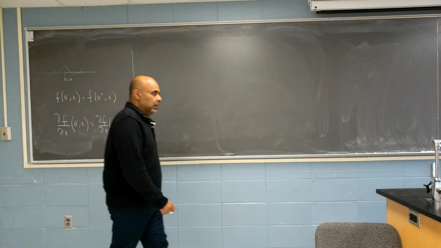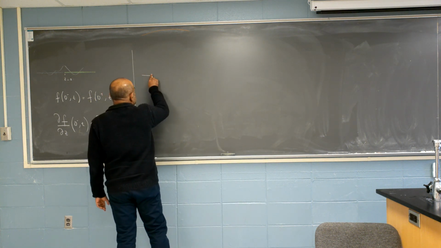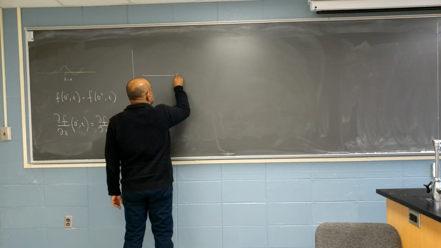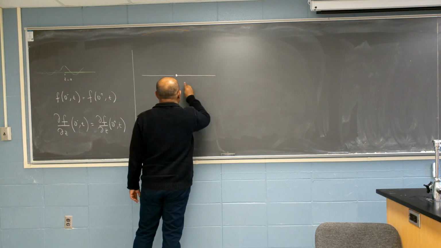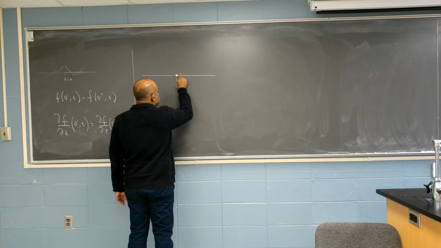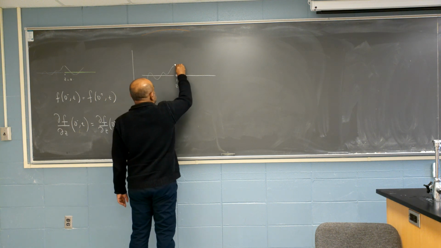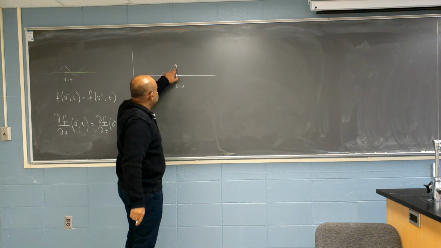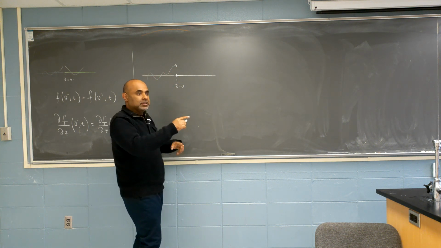Suppose you have a string and it's knotted and a different string is tied to it. This is z equals 0. Now when you have a wave, this knot, say, goes up, but this knot itself has some mass, and it's lifting this mass around.